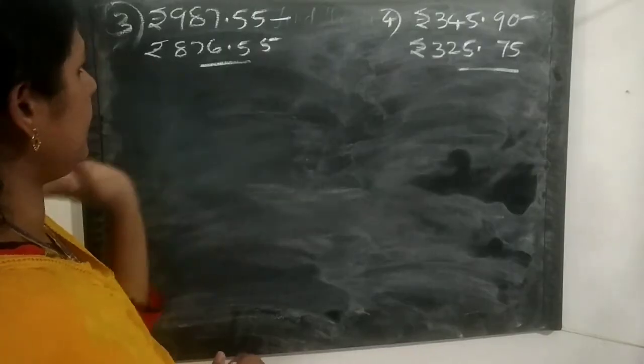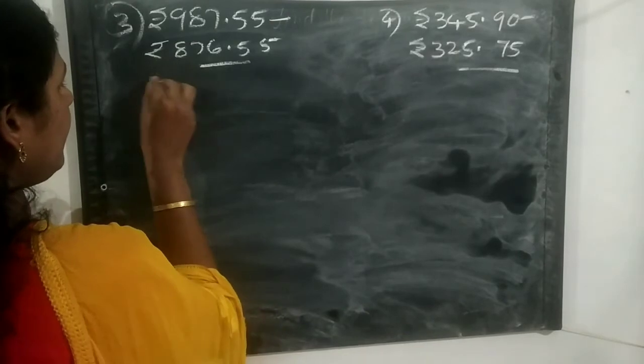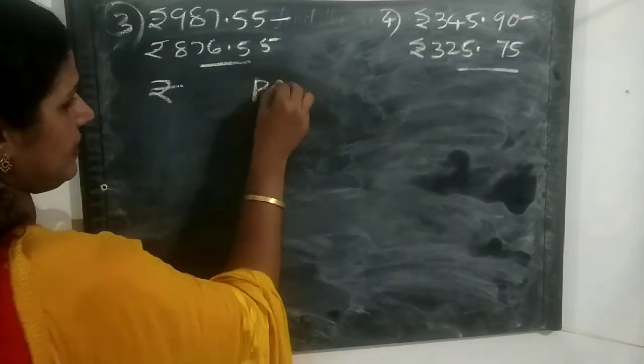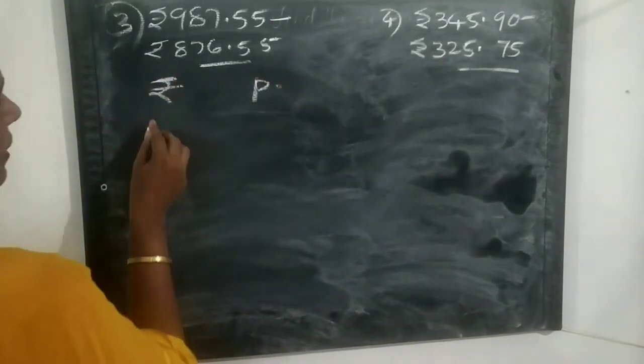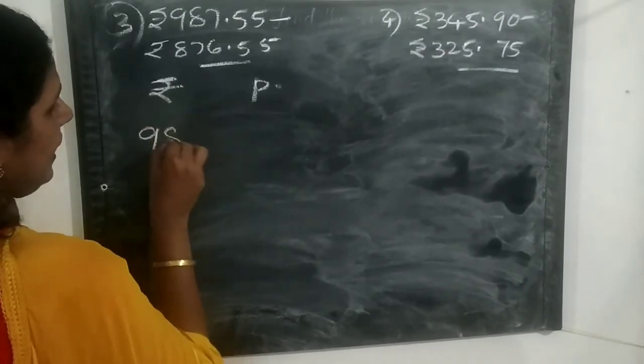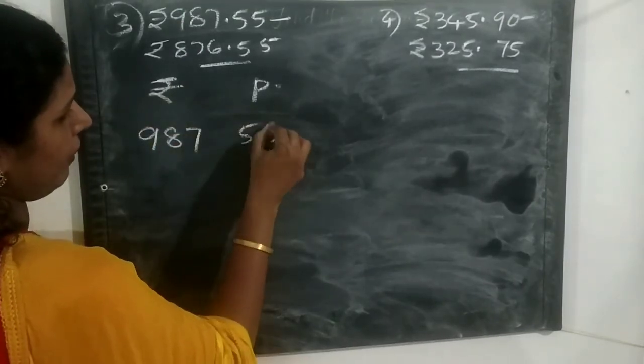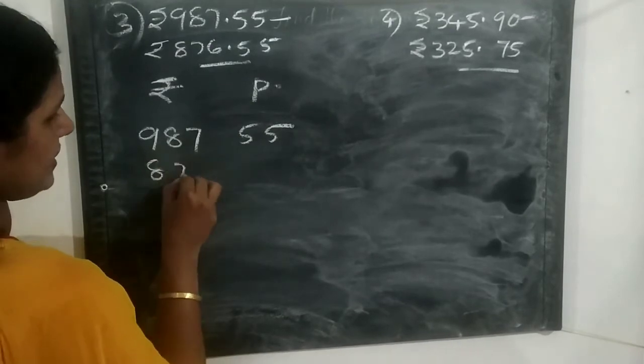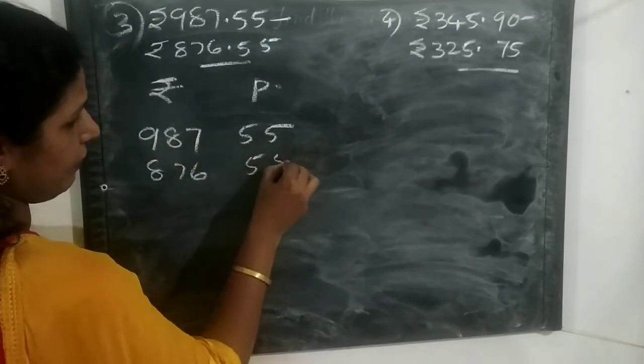Okay, and the third question: first we write the rupees column and the paisa column. Then we write 987.55 paisa, 876, then 55 paisa.